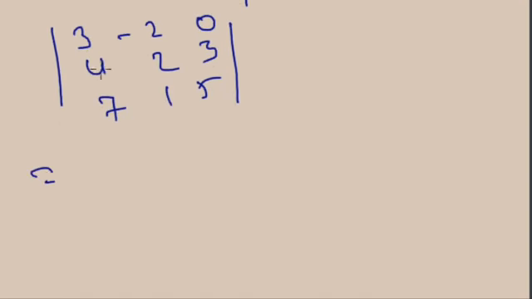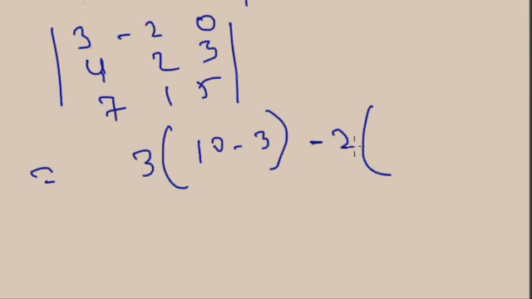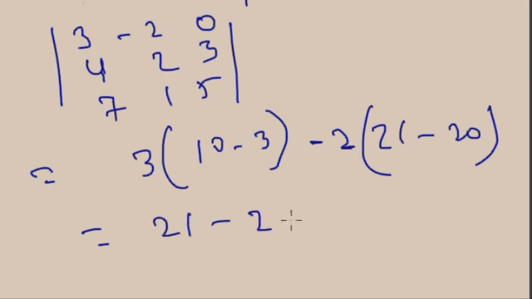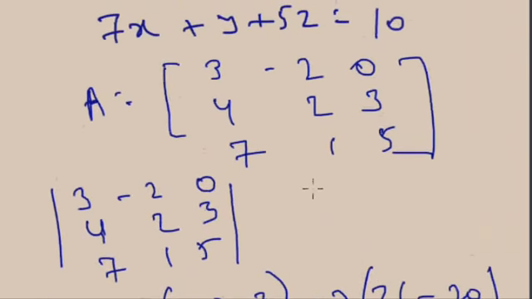First of all, I am expanding along the first row. 3 into (10 minus 3), minus 2 into (21 minus 20). This is equal to 21 minus 2, which is 19, which is not equal to 0, because the determinant value is not 0.